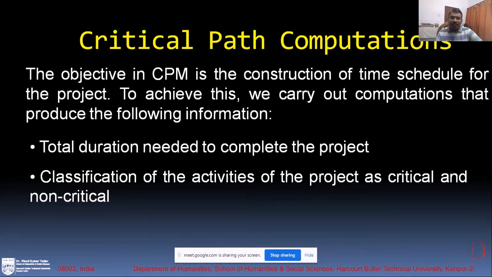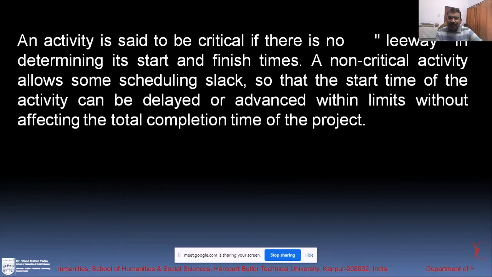Now look at, critical activities are those activities which fall on the critical path, and non-critical activities, how to understand that some activity is non-critical, we will discuss in the next few slides. An activity is said to be critical if there is no leeway in determining its start and finish time.